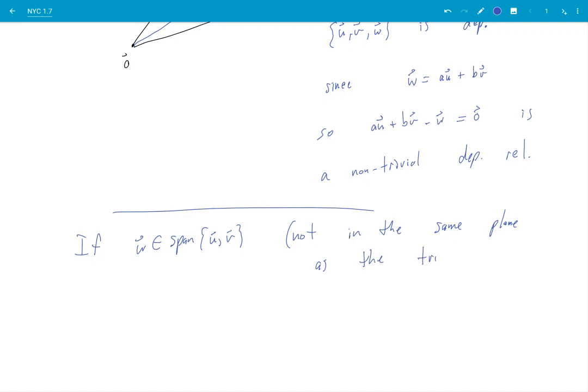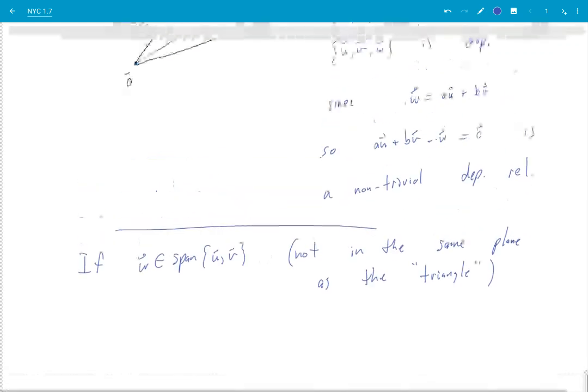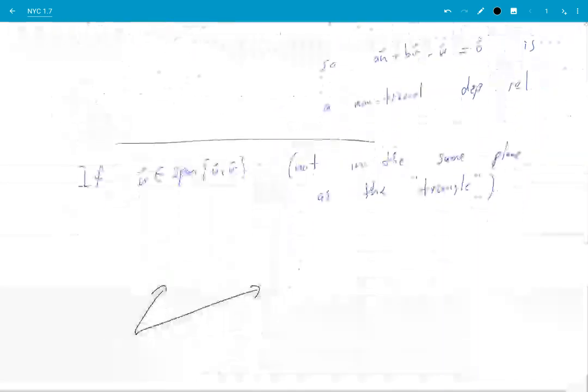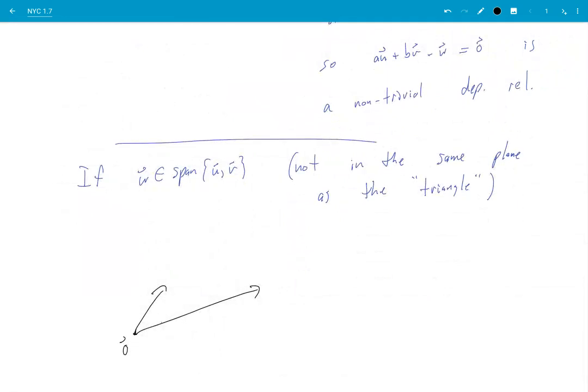The triangle, we'll say, so you have something like, it's hard to draw on a flat screen, but if you have U on top, so origin, U, V. So you can imagine W maybe coming out of the paper like this.